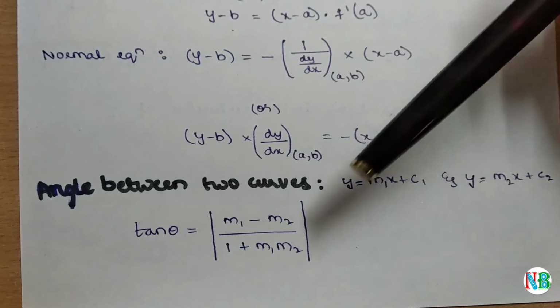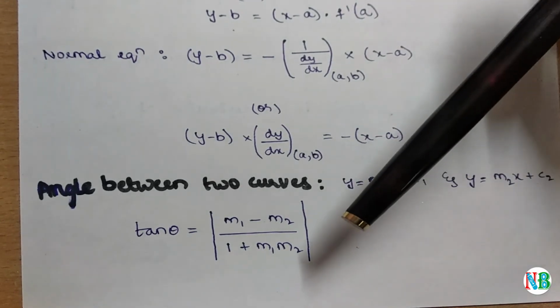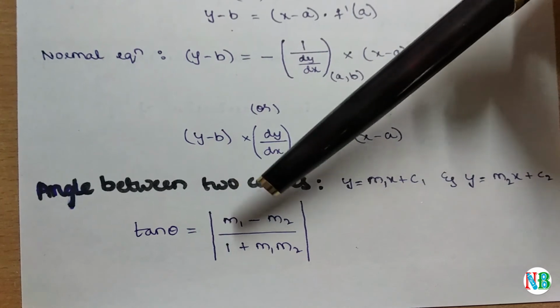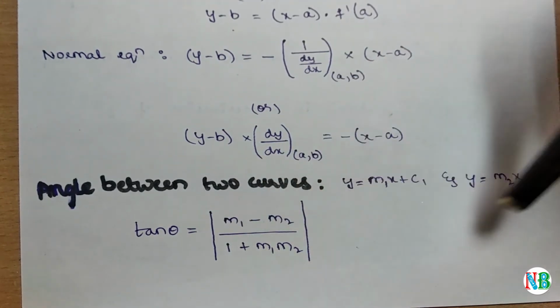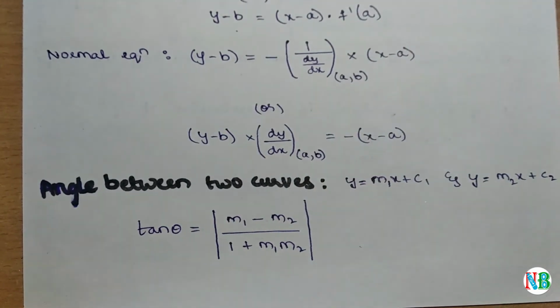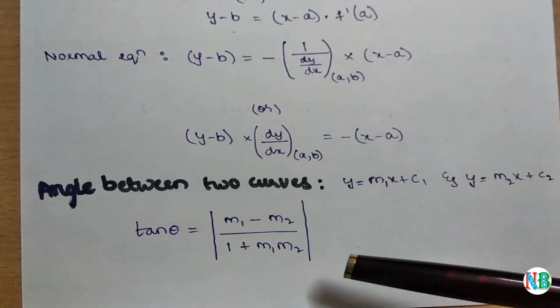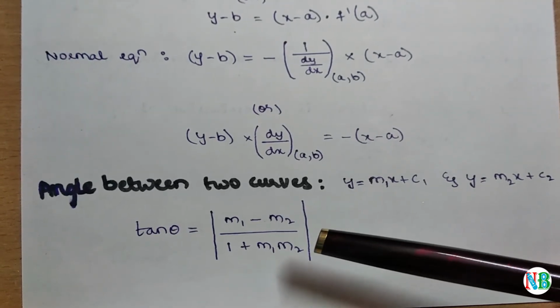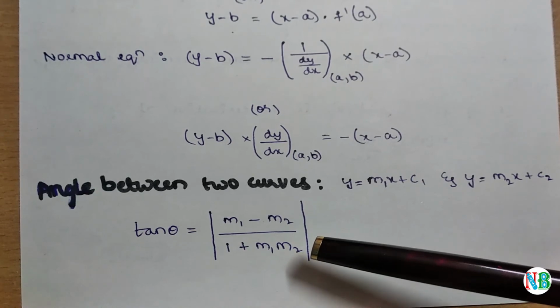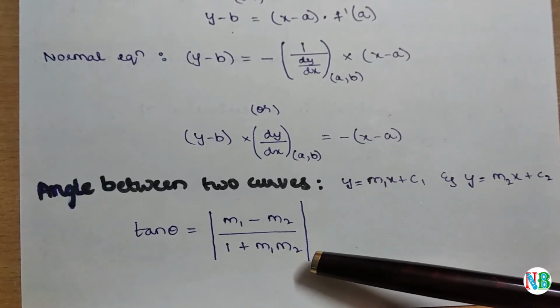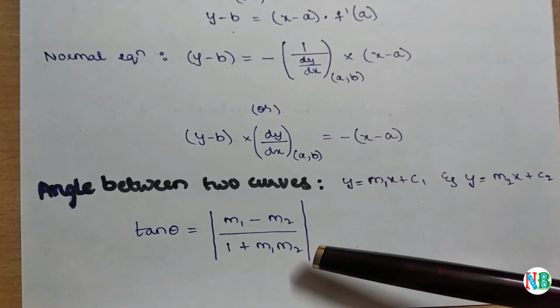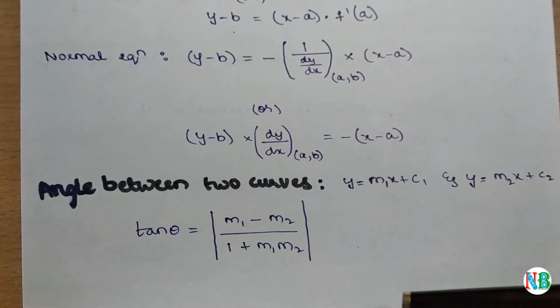So when we substitute the slopes of the two curves into this formula, we get the tan theta value, and when we take theta equals tan inverse of that value, we get the angle between the two curves.